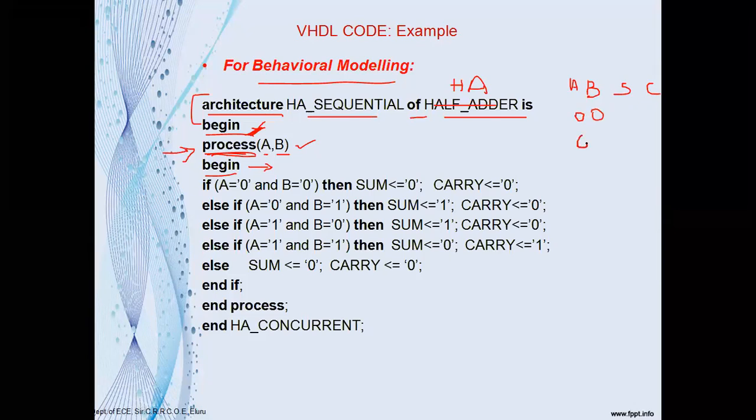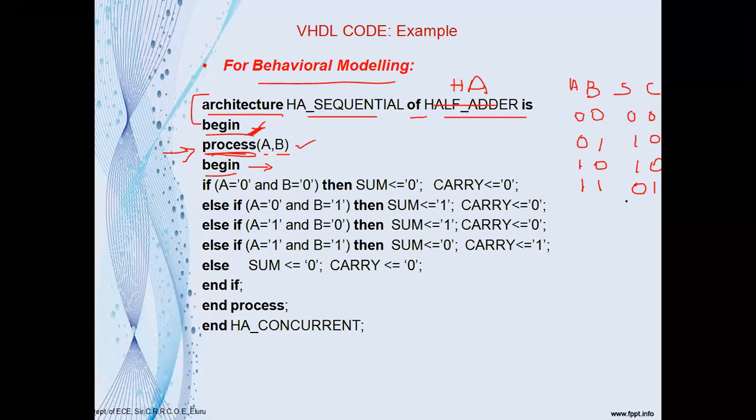Since it has two inputs, the possible combinations of inputs are 4: 0 0, 0 1, 1 0, and 1 1. When 0 0 is applied to a half adder, the sum is 0 and carry is 0. For 0 1, the sum is 1 and carry is 0. For 1 0, the sum is 1 and carry is 0. For 1 1, the sum is 0 and carry is 1, because 1 plus 1 produces the carry.